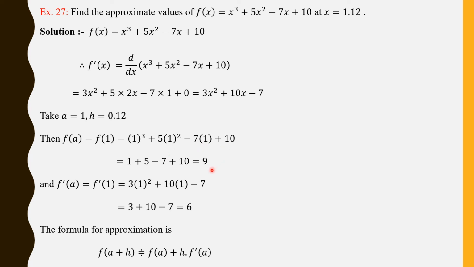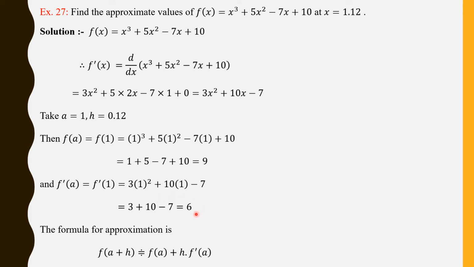Simplifying, we get 9. Then f'(a) = f'(1). We know that f'(x) is 3x² + 10x - 7. Put x = 1, we get 3 into 1² + 10 into 1 - 7. 1² is 1, 1 into 3 is 3, 10 into 1 is 10, minus 7.